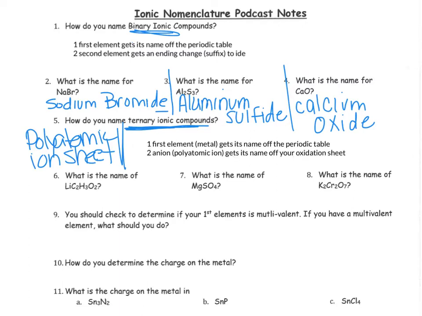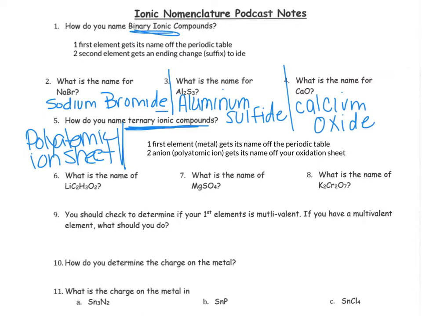Alright, and those two rules are the first element, which is the metal, is going to get its name directly off the periodic table, and the second set, the anion, is going to get its name directly off of that polyatomic ion sheet, or your oxidation sheet, the list that's on the back of your periodic table.